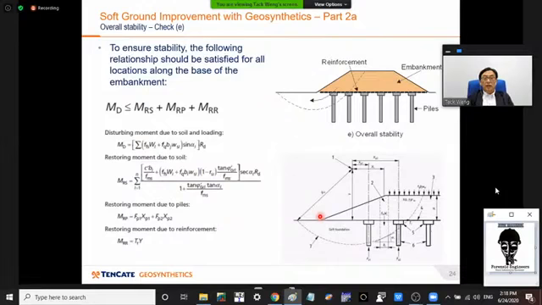This is a check that is rarely necessary, but for completeness, BS8006 provides this check, and it checks the overall stability or global stability with a slip plane that cuts through the reinforcement and the piles as well.